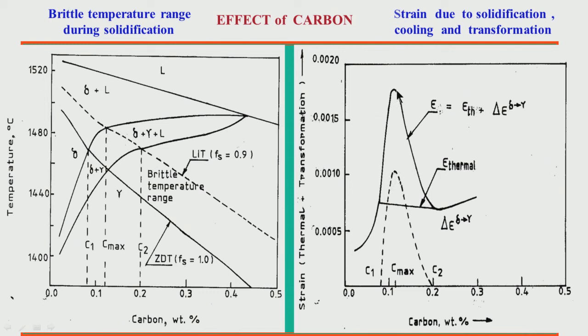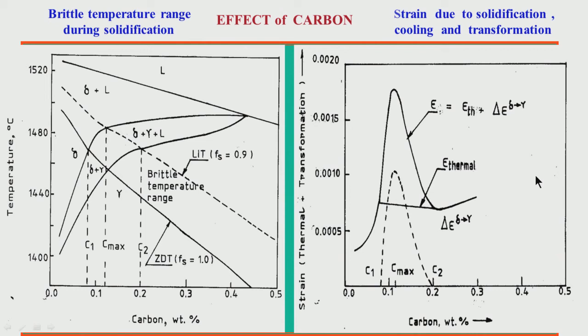At this level it is around say 0.007 or 0.008, but at about C max it is increasing to almost 0.018. So, from 0.008 it is increasing to 0.018. So, it is more than doubled because of this delta to gamma transformation.